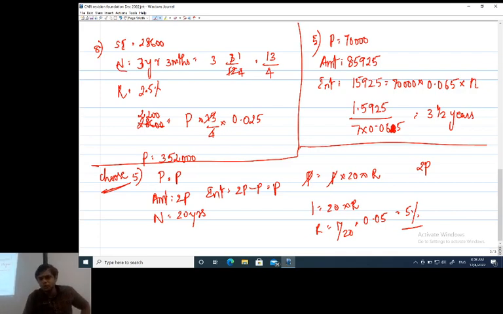So the remaining 2P is equal to P into N into 5%. P and P go off. So N equals 2 by 5%. I think 40. So 40 years.